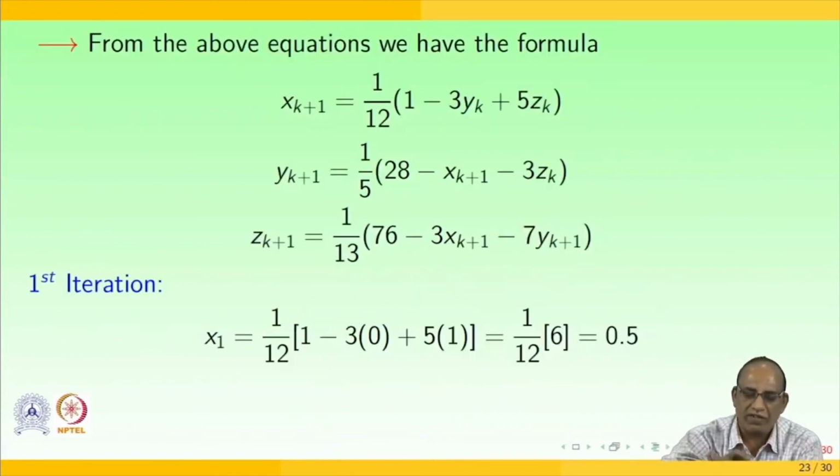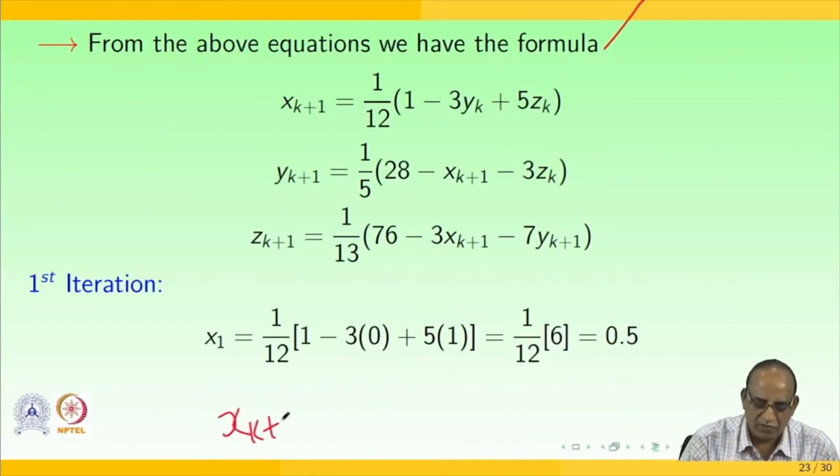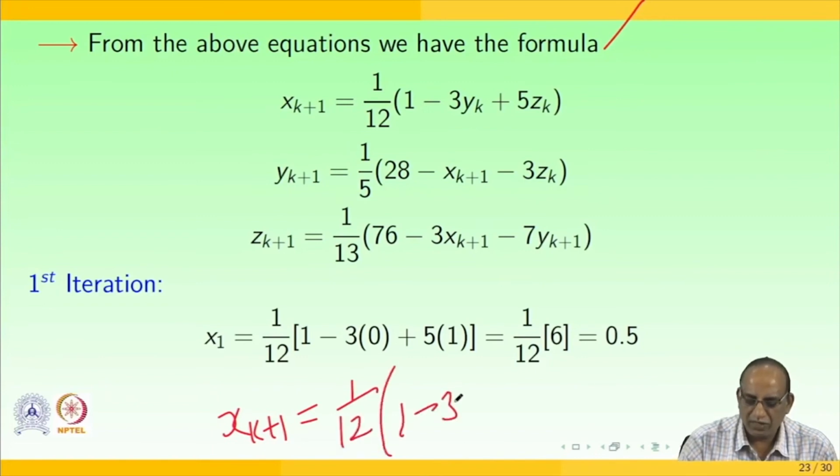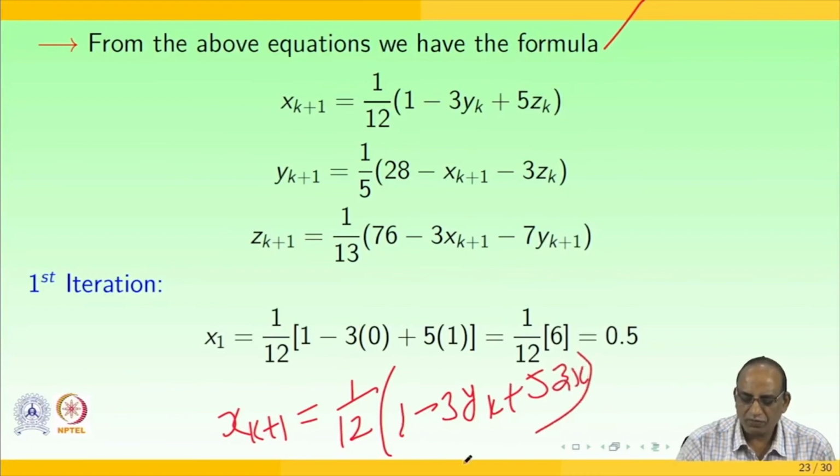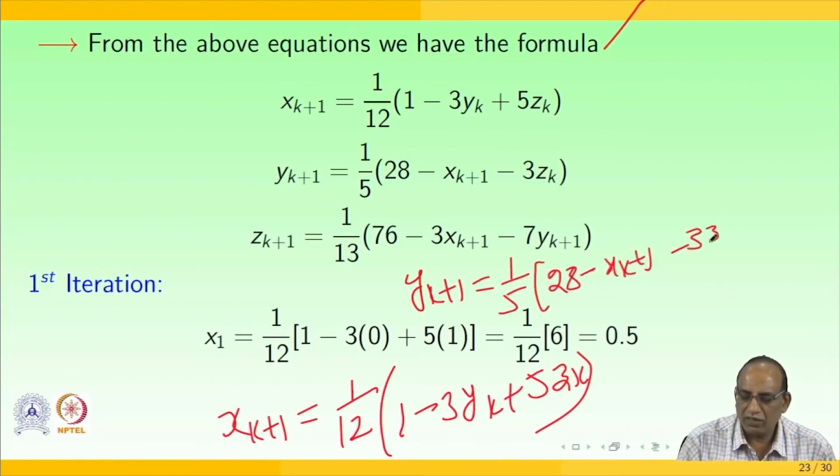So from the above equations, we have the formula, that is x of k plus 1 is equivalent to 1 by 12 times (1 minus 3 y of k plus 5 z of k). Similarly, the second equation is y of k plus 1 is equal to 1 by 5 times (28 minus x of k plus 1 minus 3 z of k).